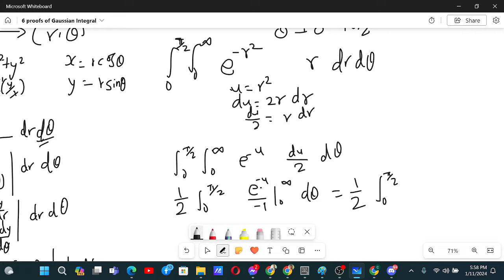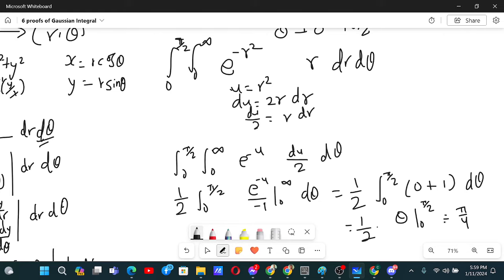So this is e to the power minus infinity, which is 0, and then minus minus plus, and e to the power 0 is 1, d theta. Now 1 by 2, this will be theta going from 0 to pi by 2. That gives us pi by 2 minus 0, so pi by 4.